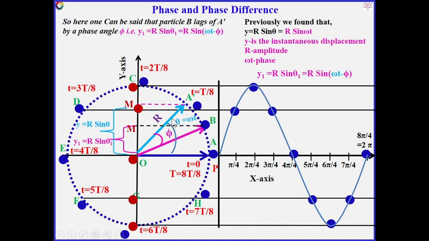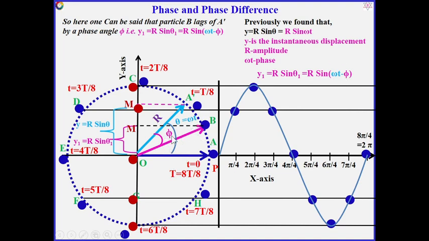If the phase difference between A dash and B is phi, then what will be the displacement of B, this OM for the B particle, along the y axis? That will be y equal to r sin theta 1. Here theta 1 is nothing but this angle. This angle will be equal to how much? Omega t minus phi.